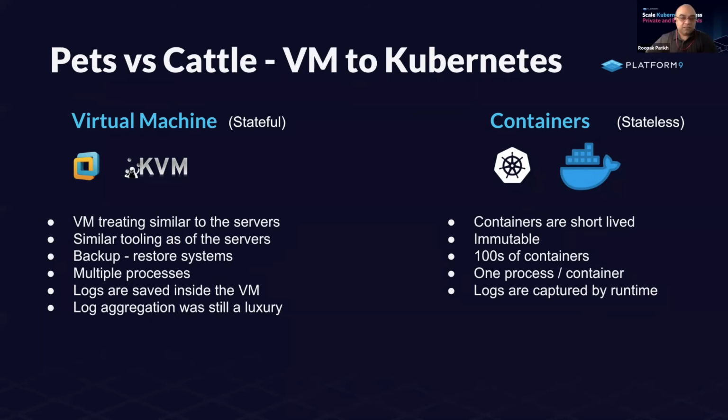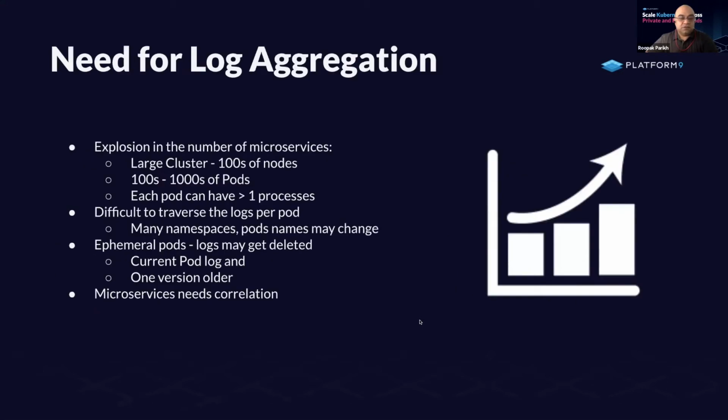I think Kubernetes keeps one version of the logs for a particular container on the file system, but if it moves away, it will essentially get lost. So if you come back, as I said, 2 days later, or maybe 20 minutes later, you've essentially lost the log. So it's not a luxury anymore. You have to push it to a central location.